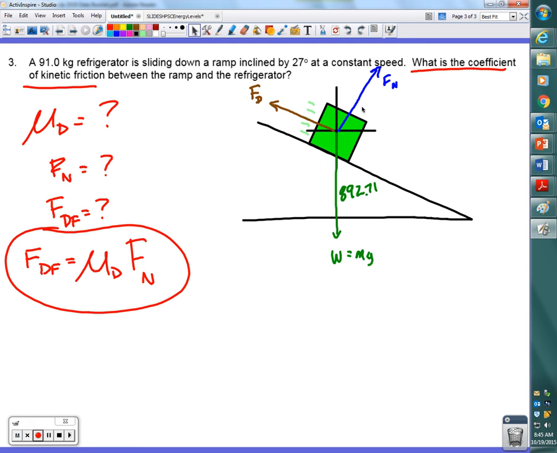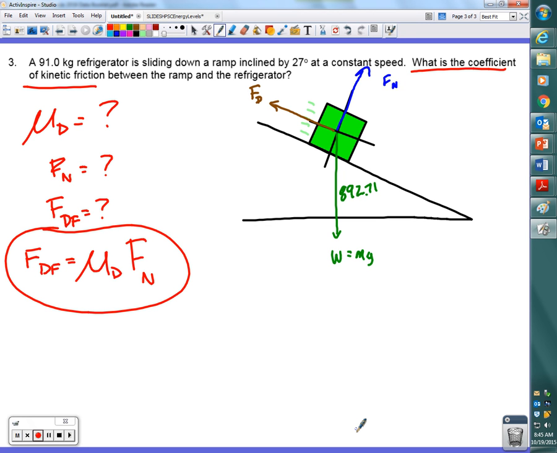So that makes it easier if we rotate. Right? Just like that.